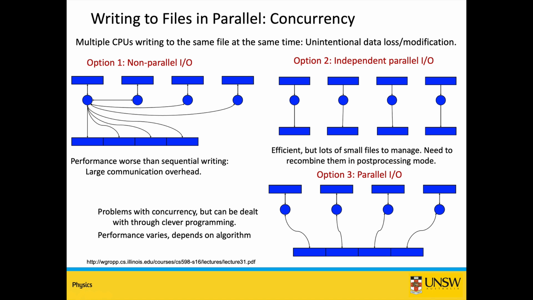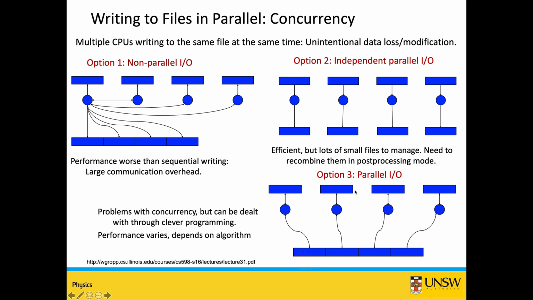And so the next approach, option 3, is parallel I/O, parallel input output. And so this is the case where concurrency can result. All the different processors are trying to write to the same file, and this will cause concurrency issues. But you can design clever algorithms to avoid those issues. For example, you can restrict processor 1 to write only in this block of the memory and forbid it to write elsewhere.